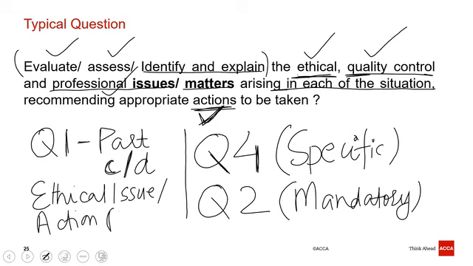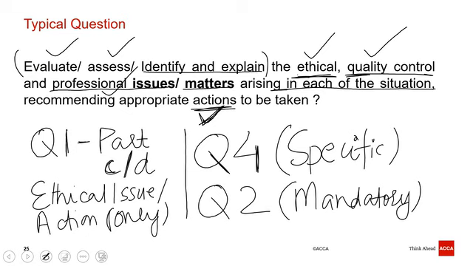But remember, these are only ethical issues. In question 1, you will never come across quality control issues or professional issues.